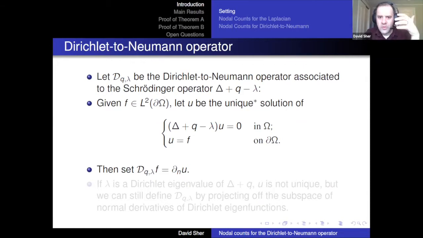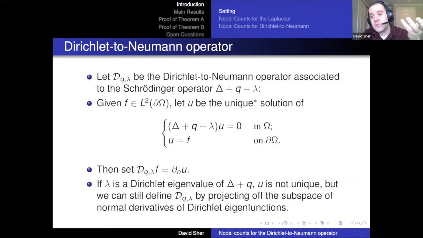Now, of course, there's a minor lie here if lambda happens to be a Dirichlet eigenvalue of delta plus q, as then you don't have a unique solution. You can add copies of the eigenfunction. But if you project off the subspace consisting of the normal derivatives of those eigenfunctions, you can still define the operator perfectly well, even when you have a Dirichlet eigenvalue.